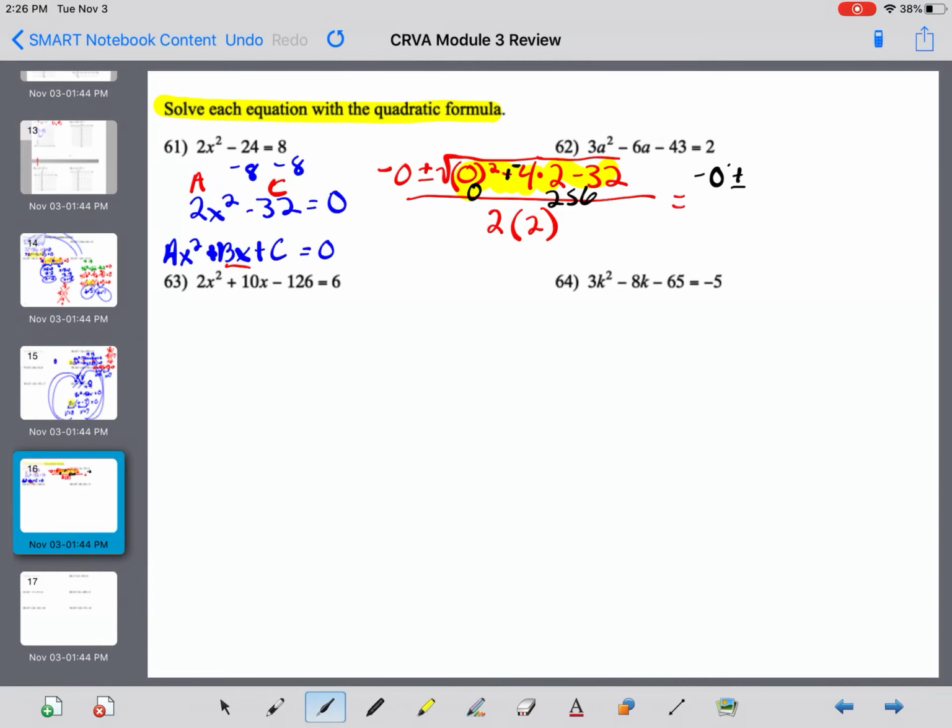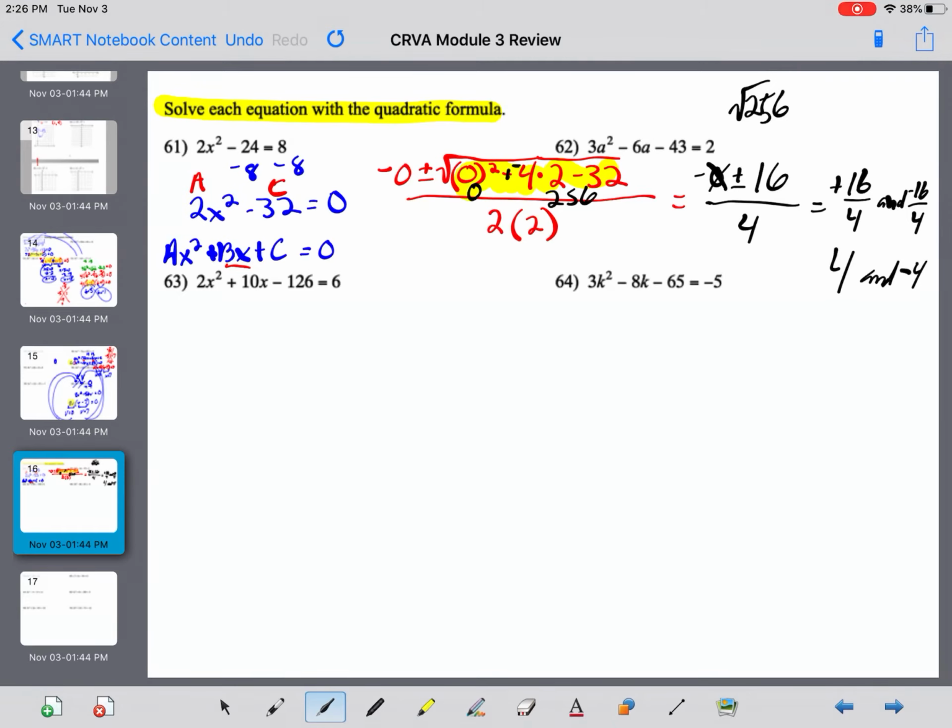So really we have a negative 0, which we don't need. So positive or negative square root of 256, which is 16, over 4. So you have positive 16 over 4 and negative 16 over 4, which is positive 4 and negative 4.